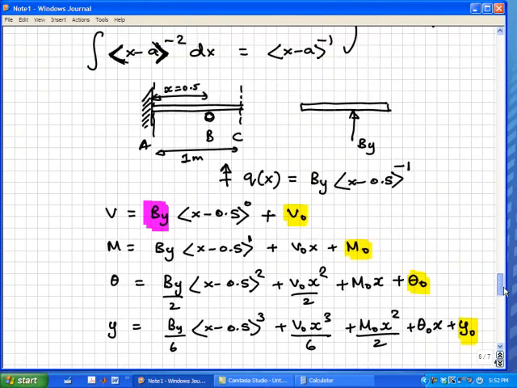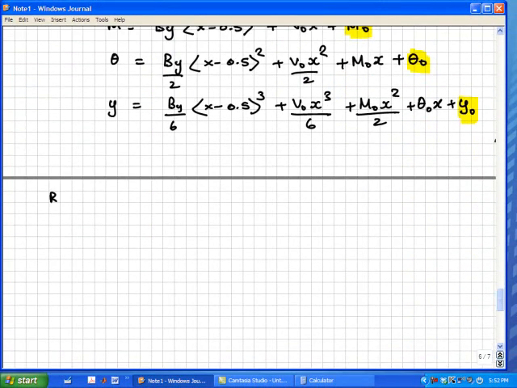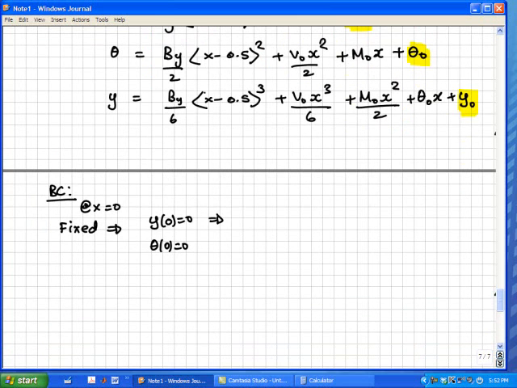Okay. So now let's apply the boundary conditions at x equal to 0. What do we have? Well, we have fixed, which means that y0 equals 0 and theta 0 equals 0. As usual, remember these are angle functions, and if x is less than 0.5 we don't care, so immediately you will get theta naught equal to 0, y naught equal to 0.